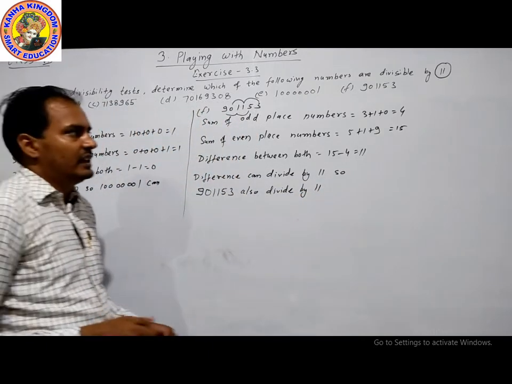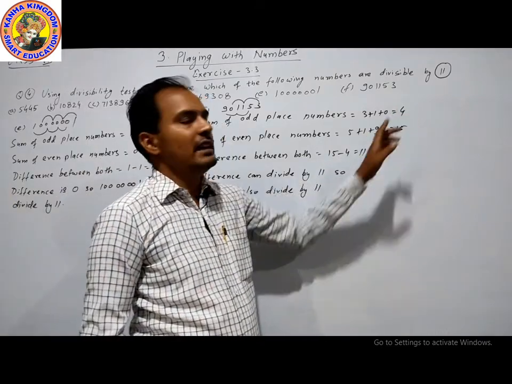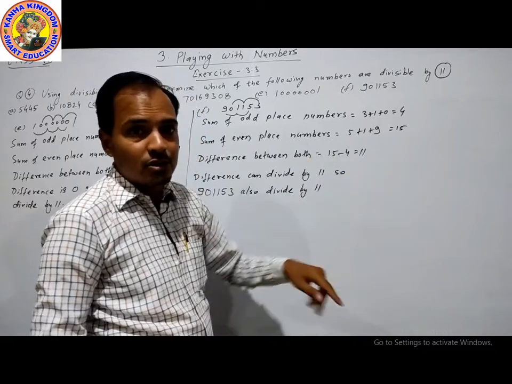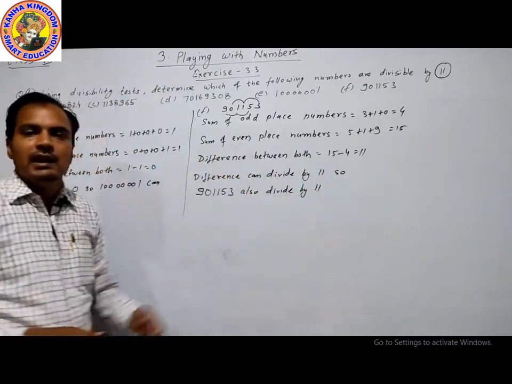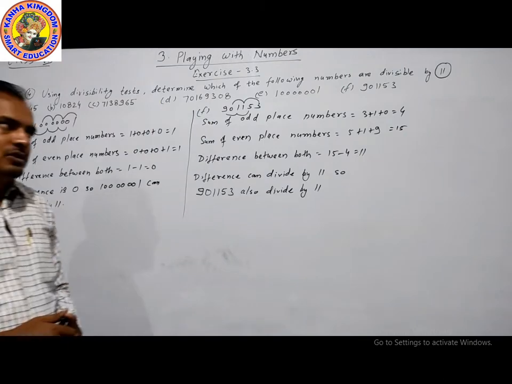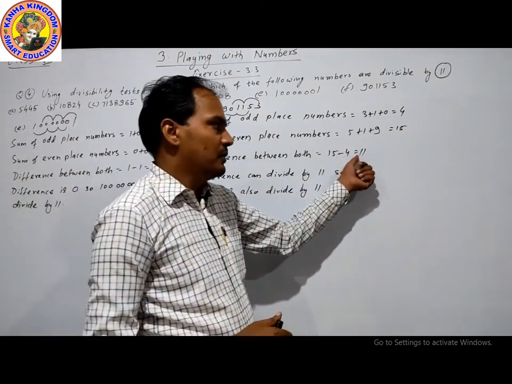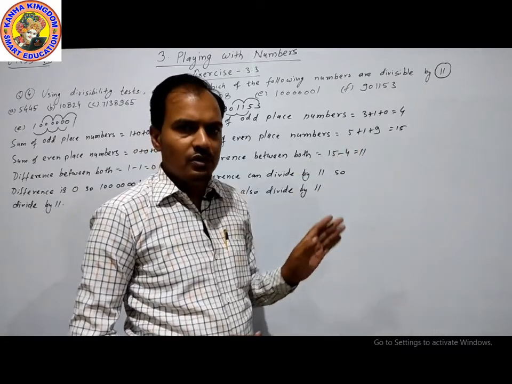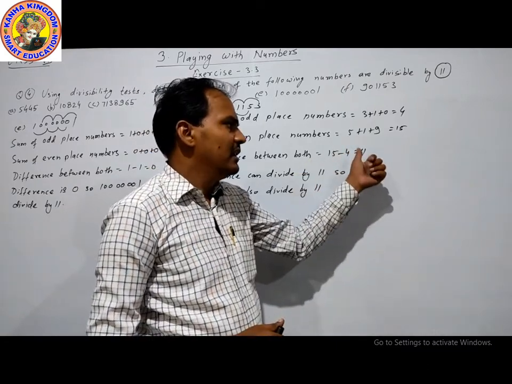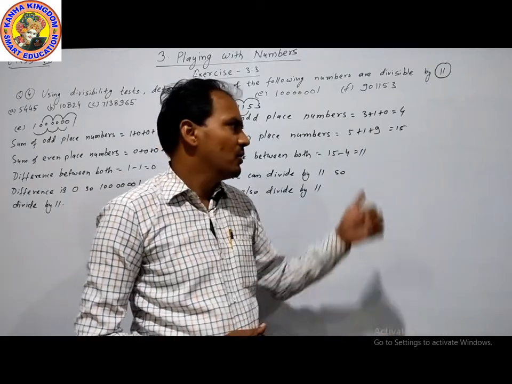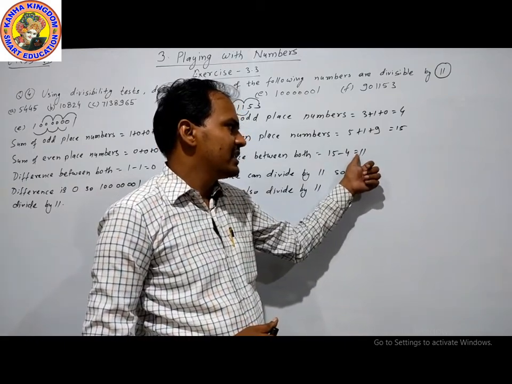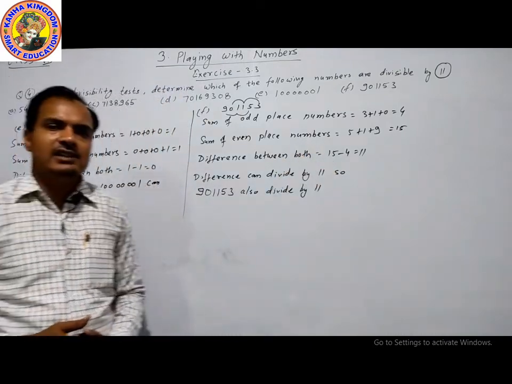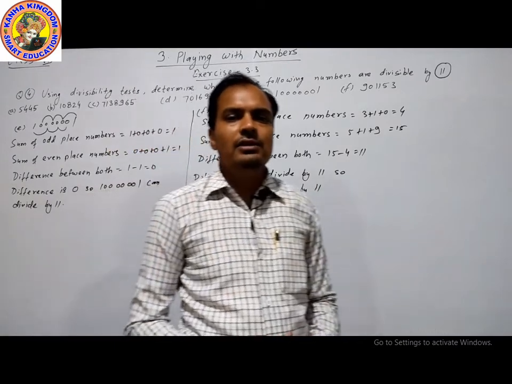If we subtract 4 minus 15, we get minus 11, but minus 11 can also be divided by 11, so the number is also divisible by 11. So do not get confused by the plus and minus symbol. If you get a negative number, you can still divide by 11. In this question, if you get minus 11, minus 11 can also be divided by 11. You can take a screenshot of this. We will move to our next question.